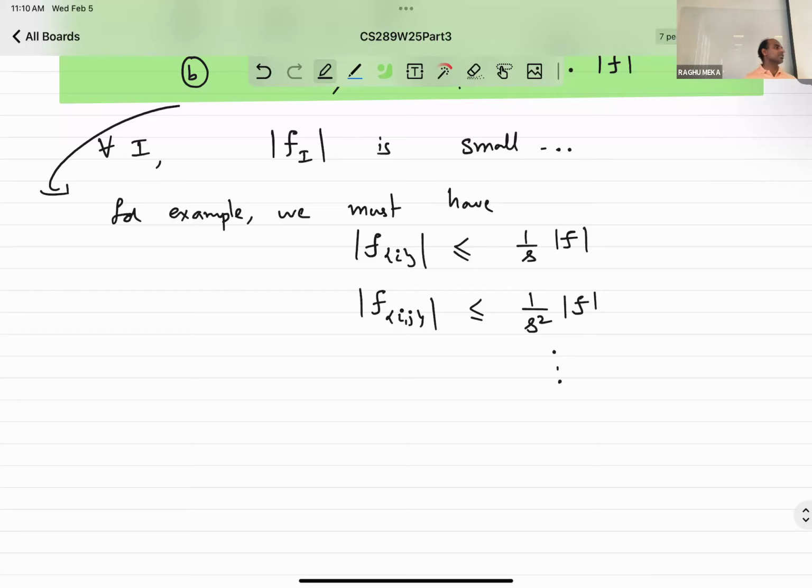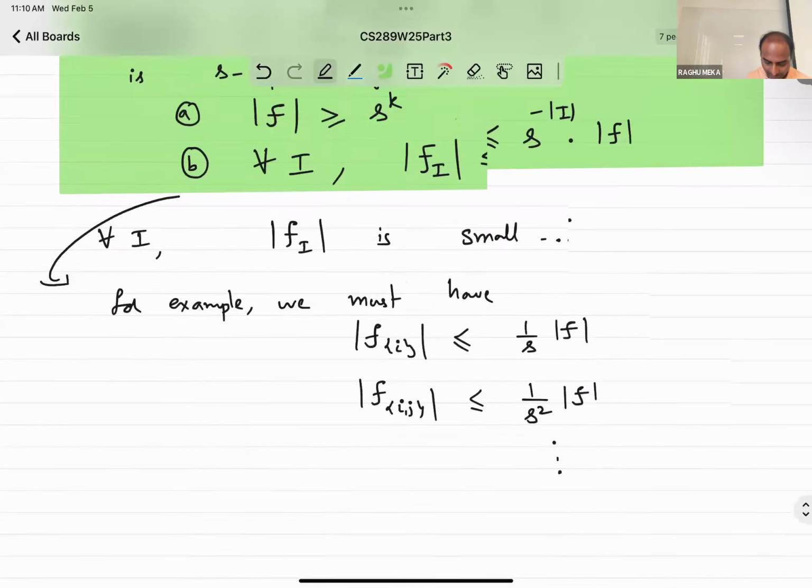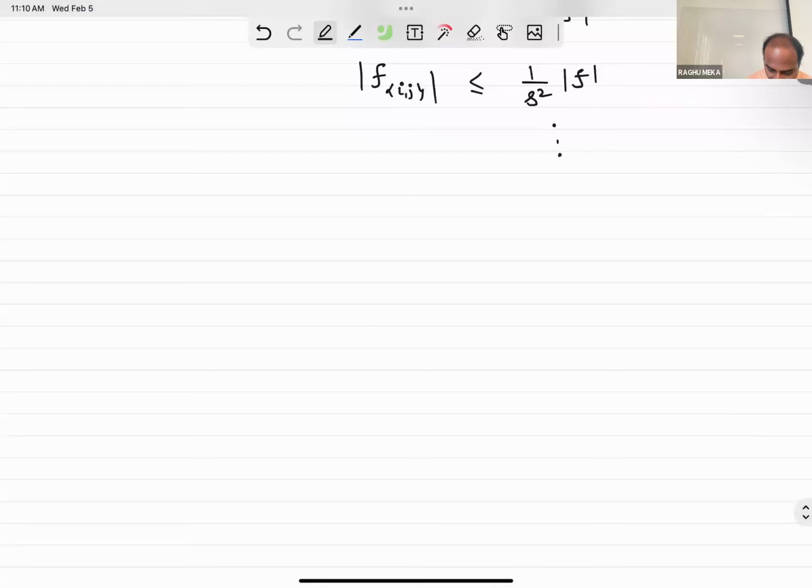So every time I insist you need to contain this element, you lose a 1 over S fraction in the size of the family. Right? Okay. So that's the notion of spreadness.